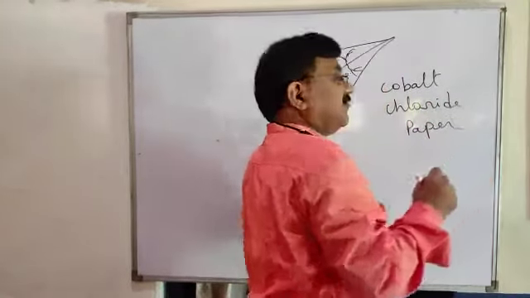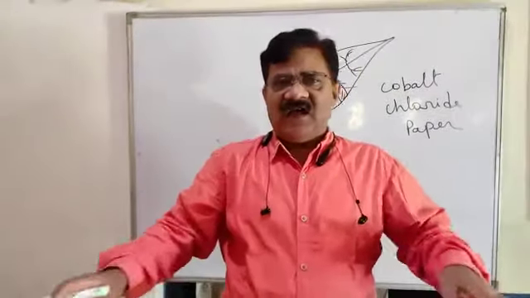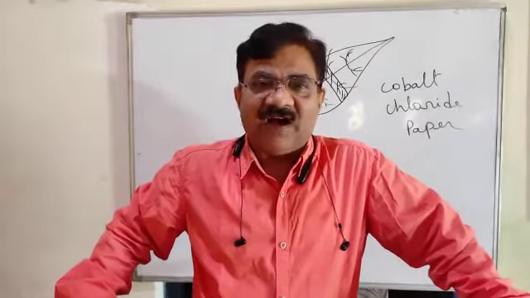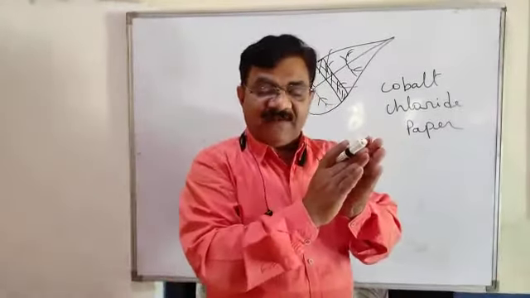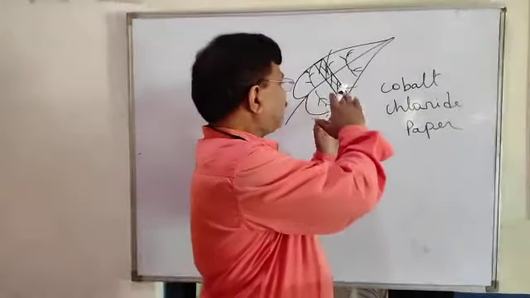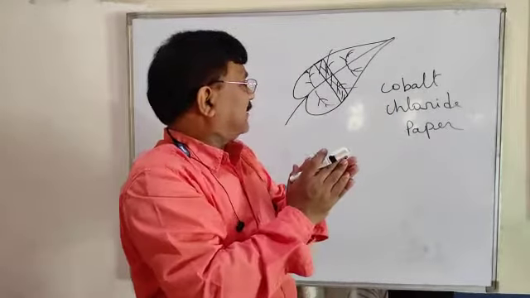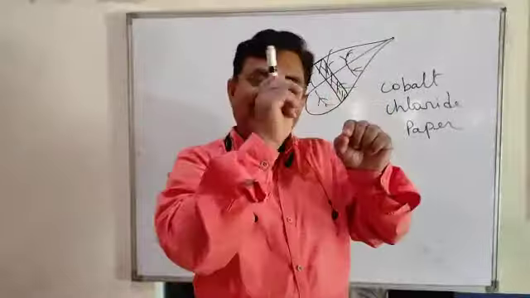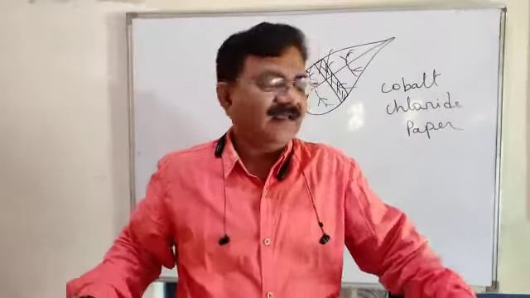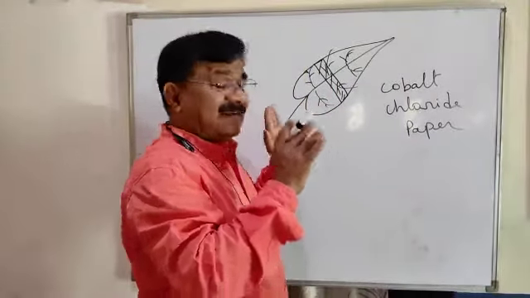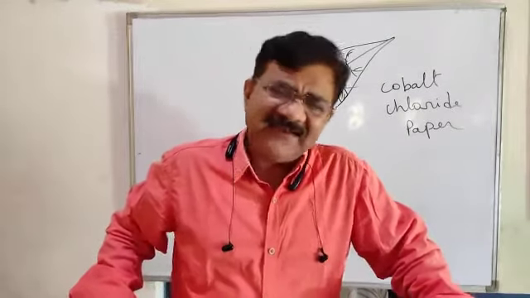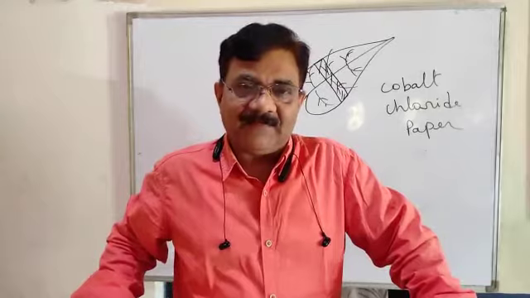Dear children, we have discussed that cobalt chloride paper is an indicator of moisture on both surfaces. First we have kept the cobalt chloride paper and then the glass slide and tied it. Keep the leaf intact with the plant, don't pluck the leaf, and see after some time what will happen.